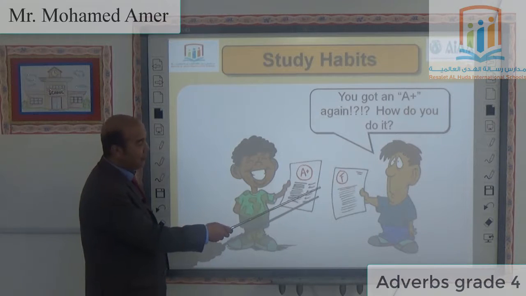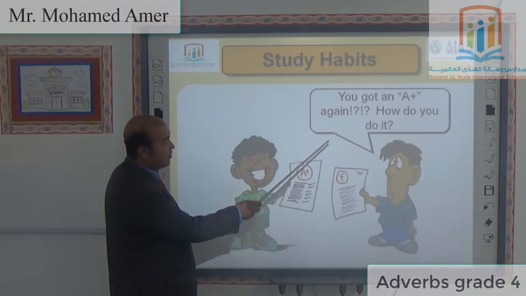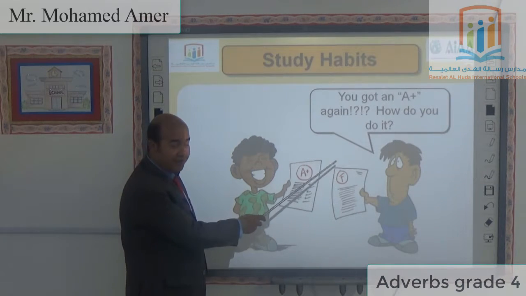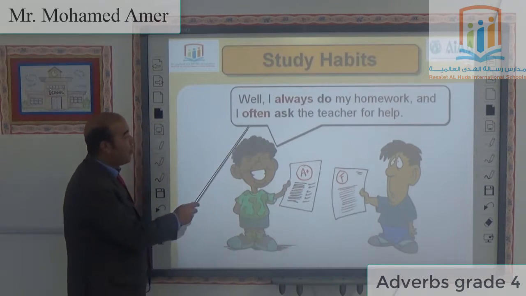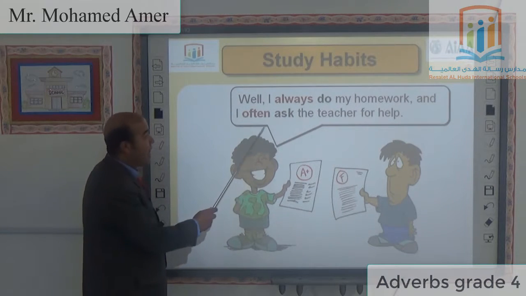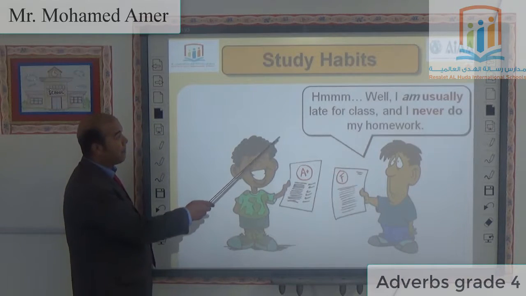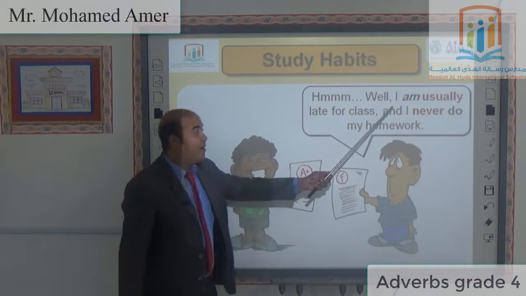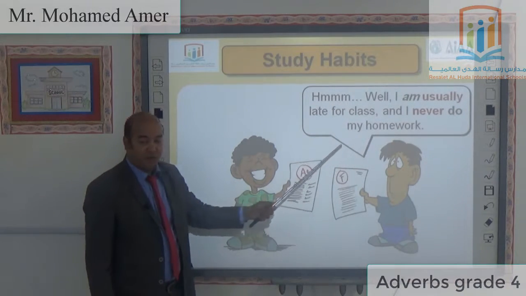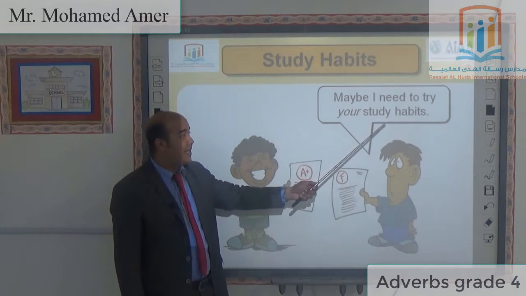And the second friend answers him, you got an A plus again? How do you do it? Well, I always do my homework and I often ask the teacher for help. Well, I'm usually late for class and I never do my homework. Maybe I need to try your study habits.